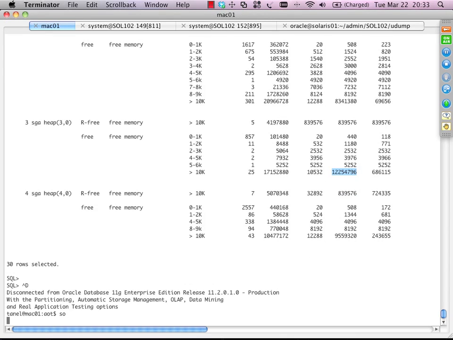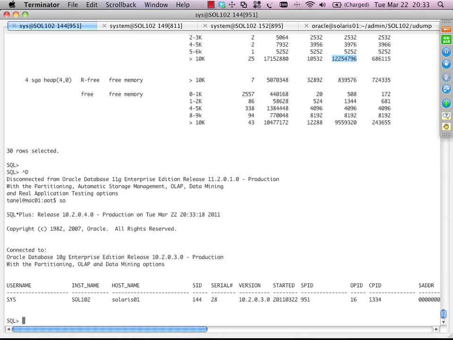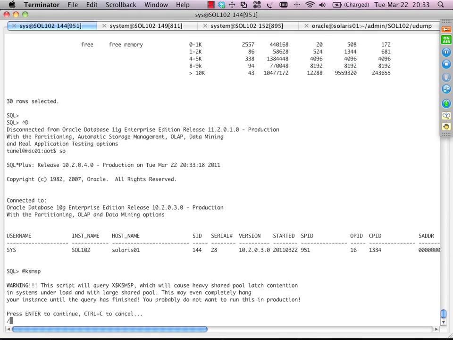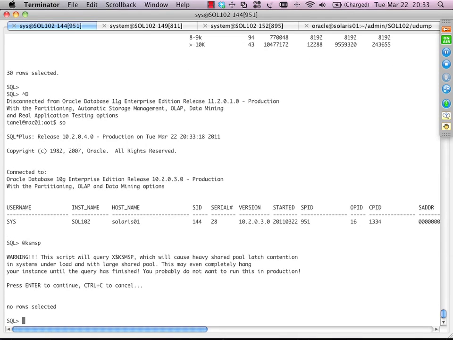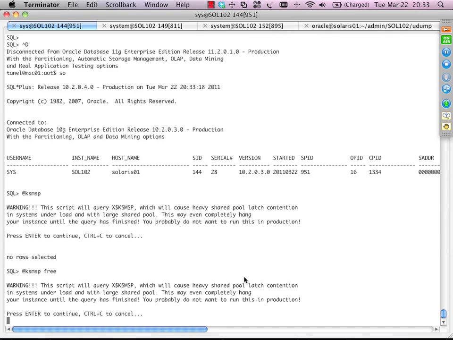But if I run the same one on my other database where I did have this ORA error, I have to specify what I'm looking for. So I'm looking for free chunks.